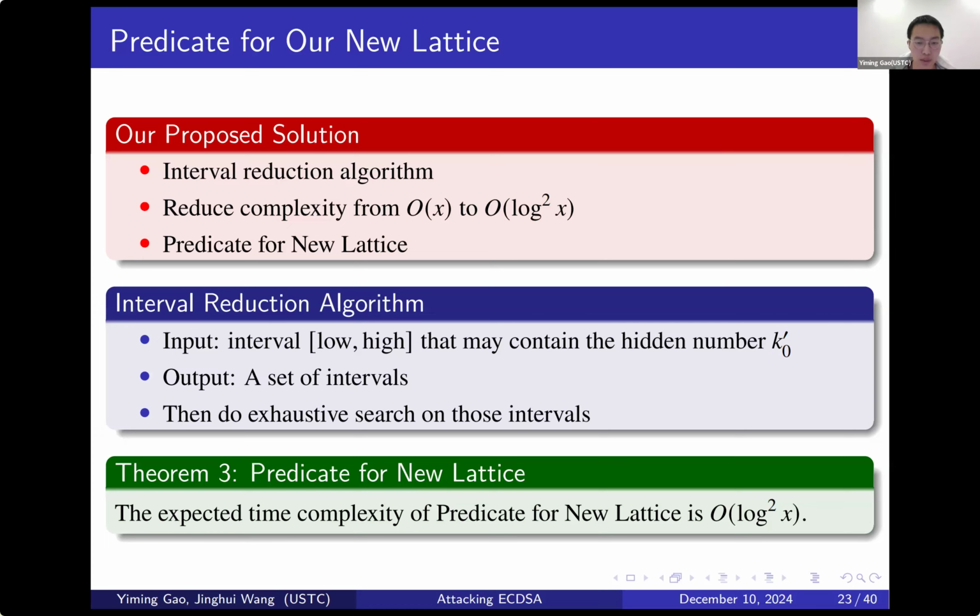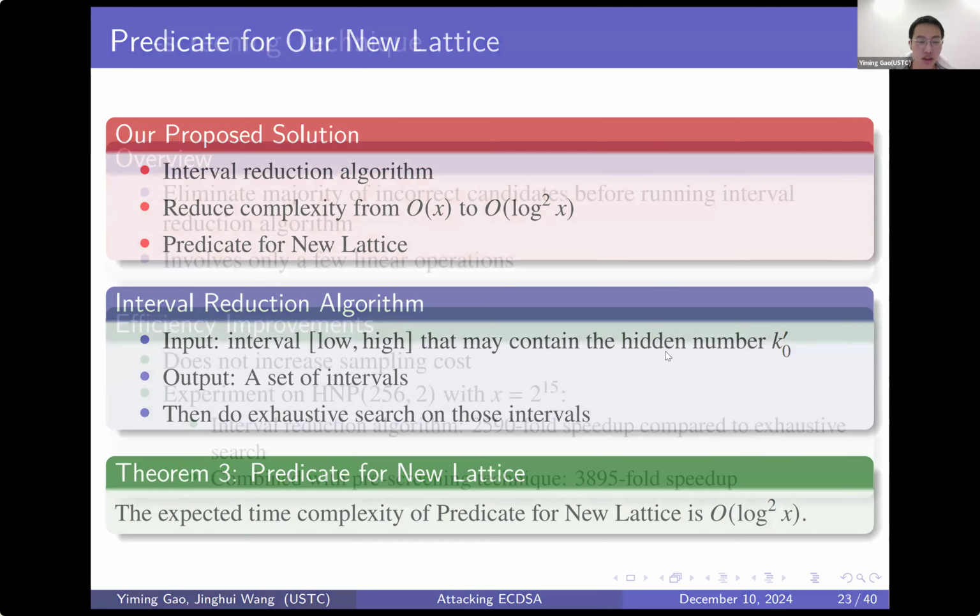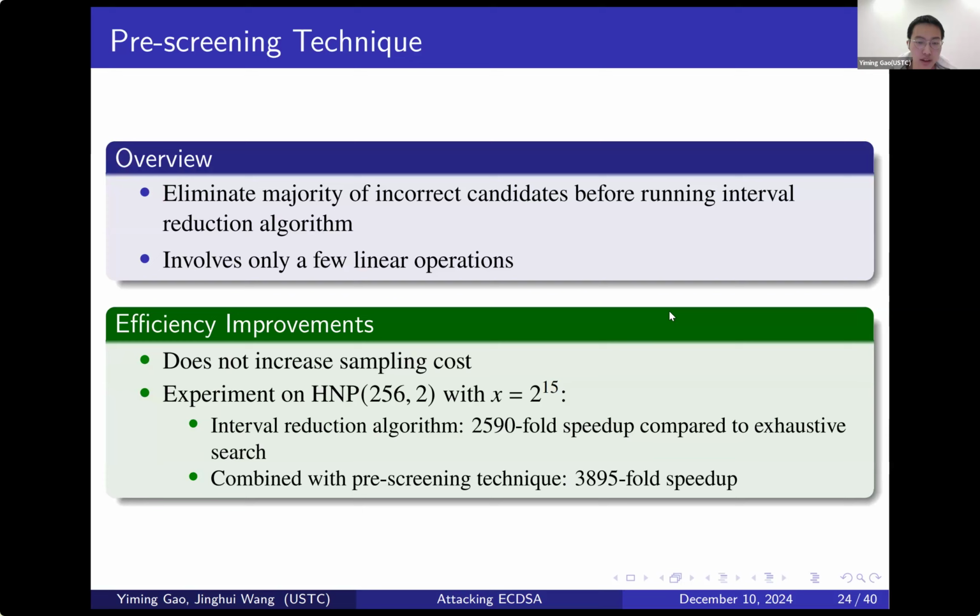The expected time complexity of the algorithm is big O of log squared x. Moreover, we present a pre-screening technique to eliminate the majority of incorrect candidates before running the interval reduction algorithm. It involves only a few linear operations and doesn't increase the sample cost.